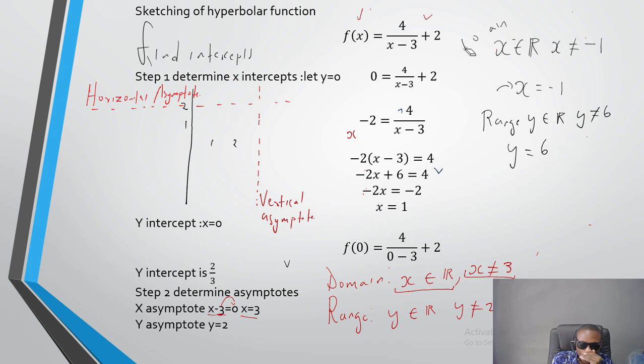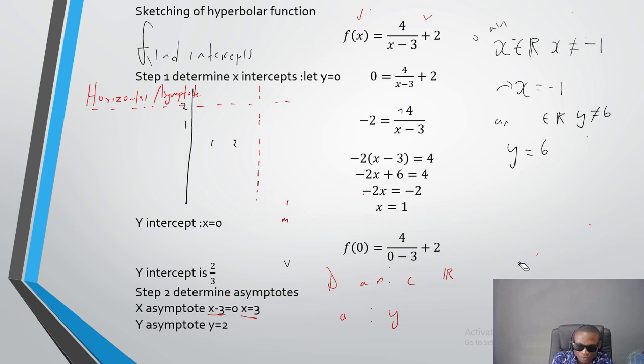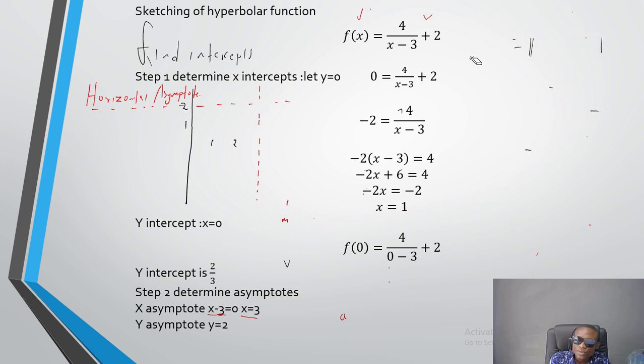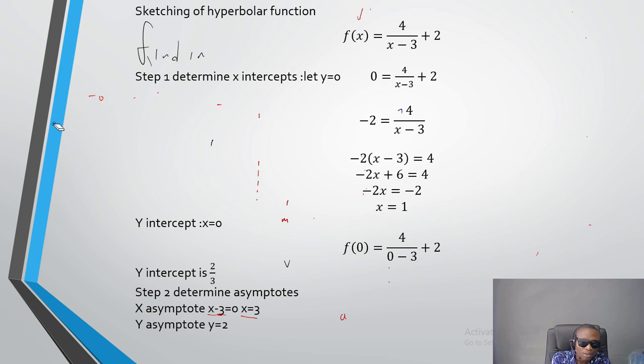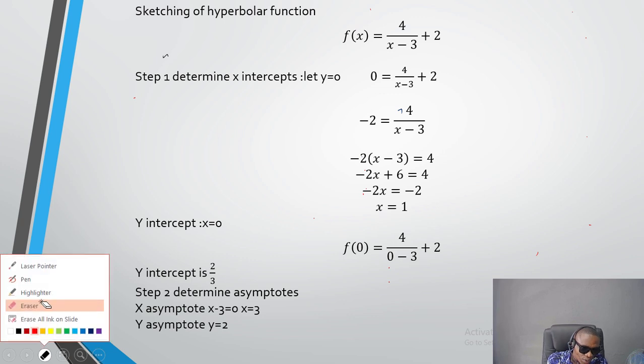I just want to erase everything here, what I wrote with a pen, not what I typed. And I want to draw a graph which is a hyperbola graph.